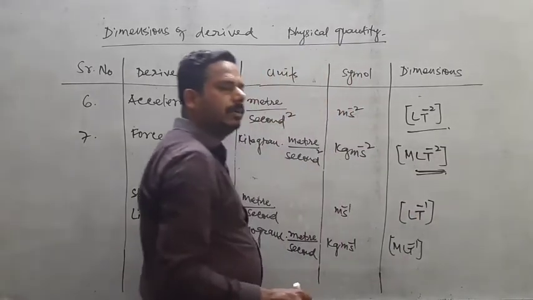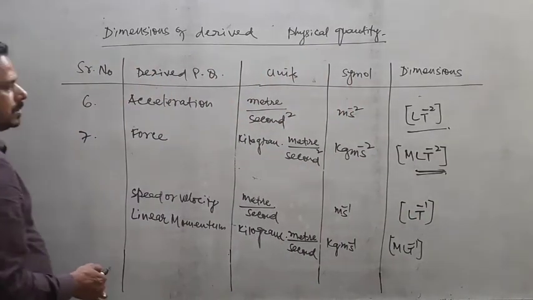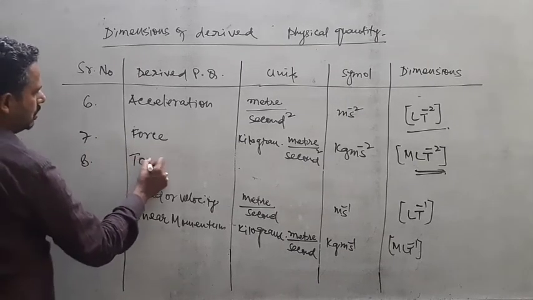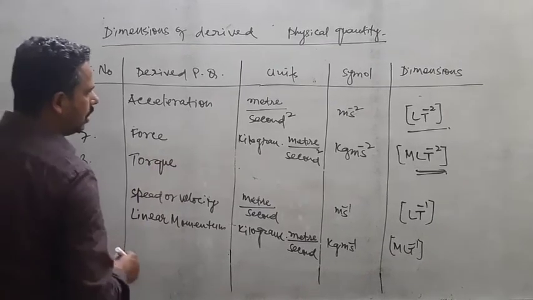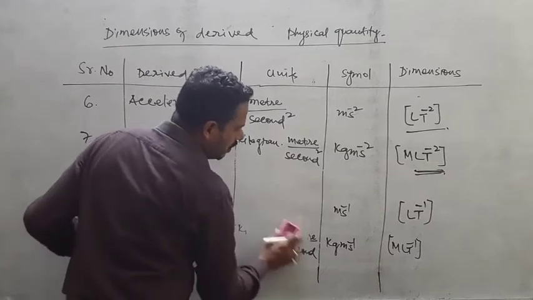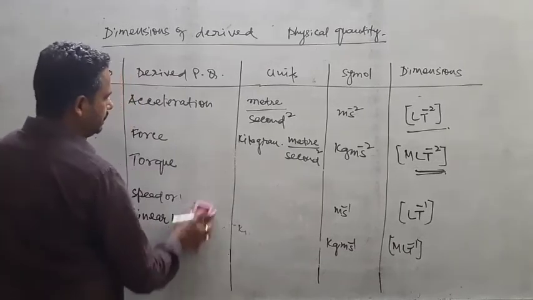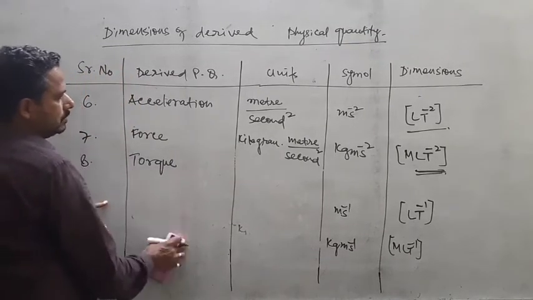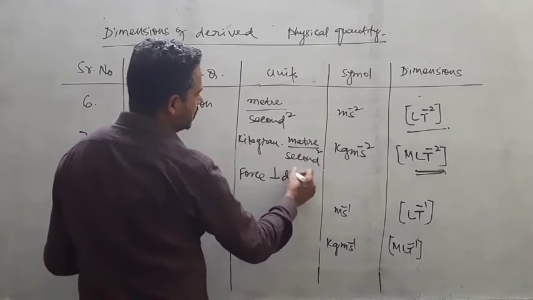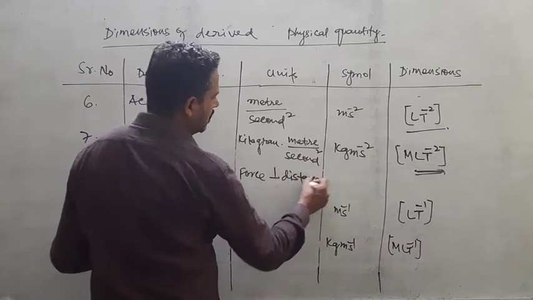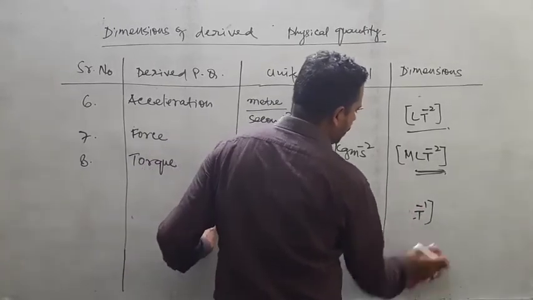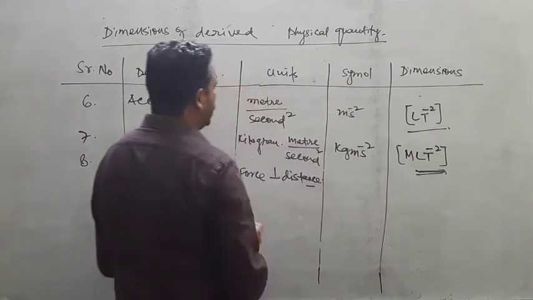Suppose someone wants to find the dimension of torque. Torque is the product of force and perpendicular distance. You know the unit of force is kg meter per square second.